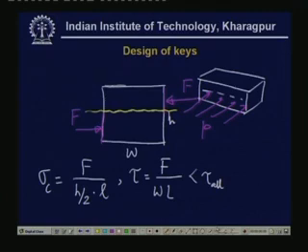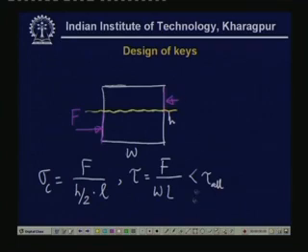Now in that case the design procedure will be: sigma c is therefore F is equal to h by 2 L times sigma c, which is equal to sigma c allowable.